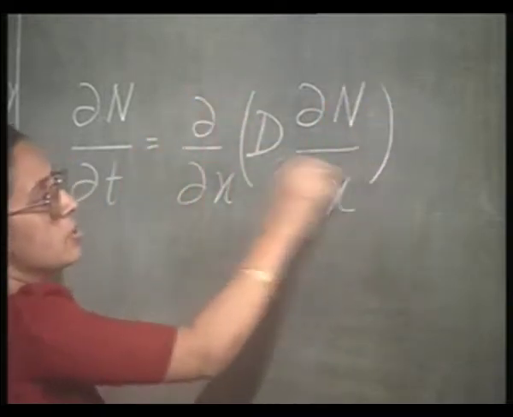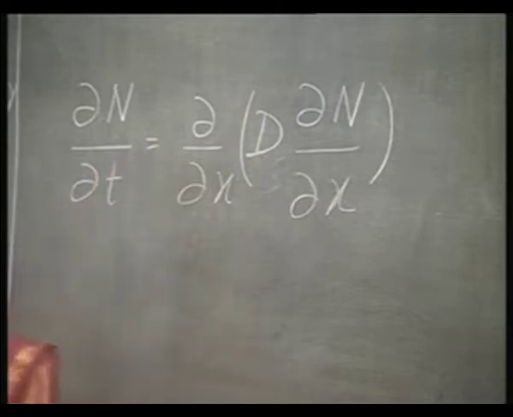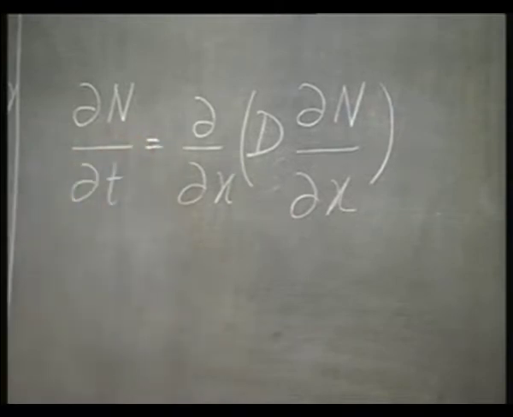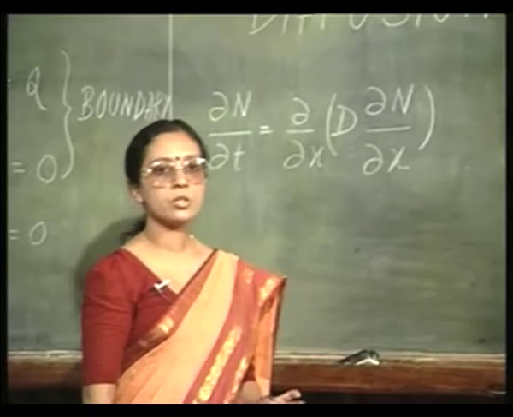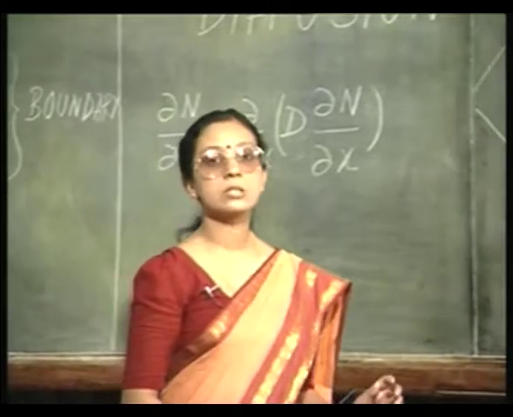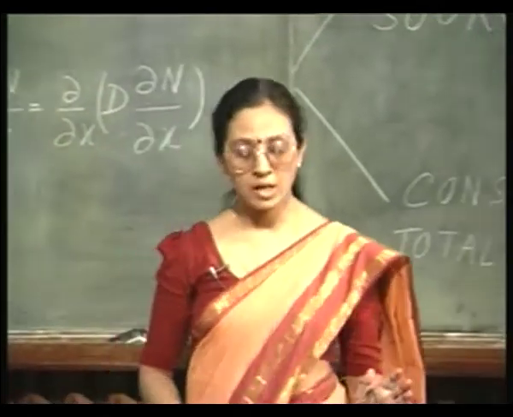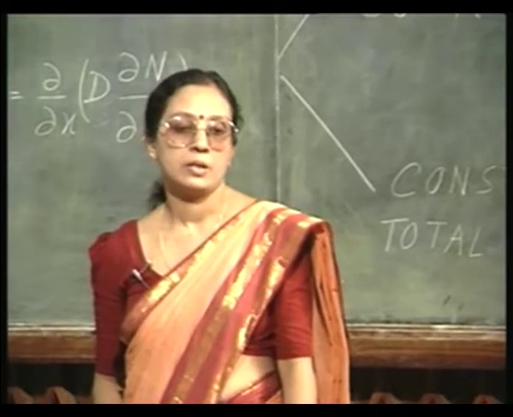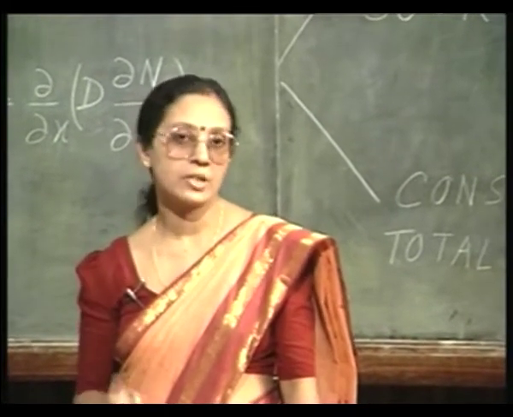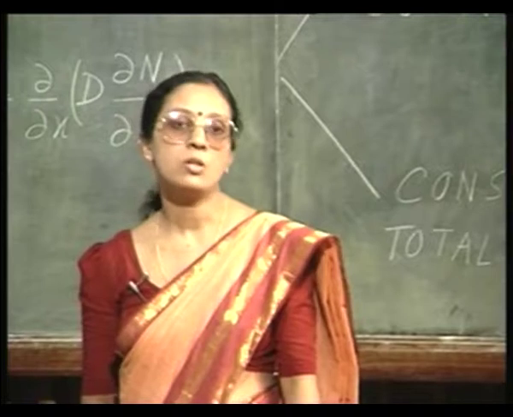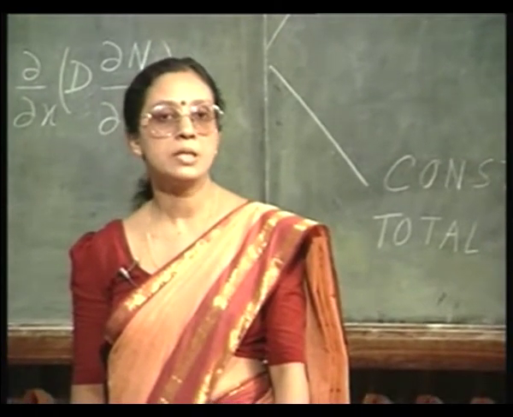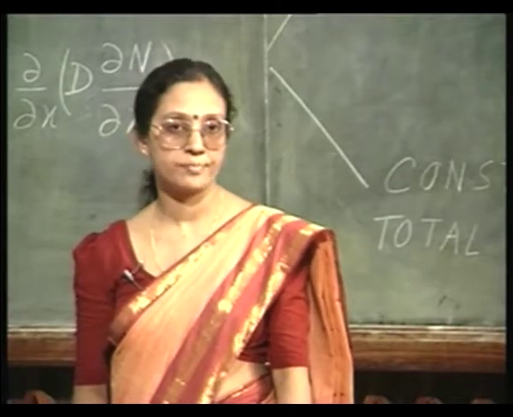Since D is no longer a constant, we cannot take it out and make it the simple diffusion equation. The analytical solution of this equation is more difficult, but it can be done, and people have tried to do computer simulation of the cases for D being a function of concentration.